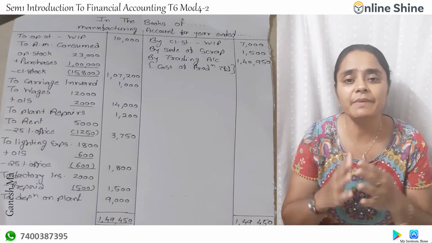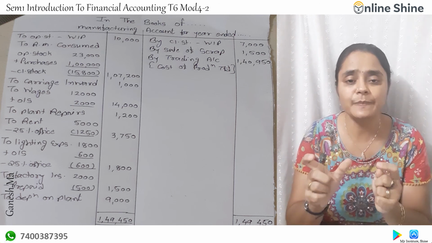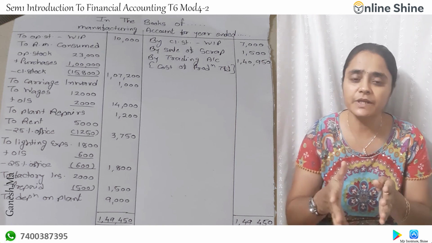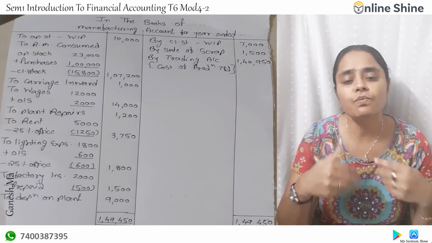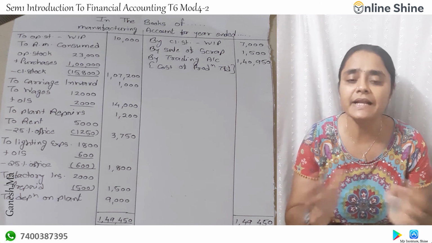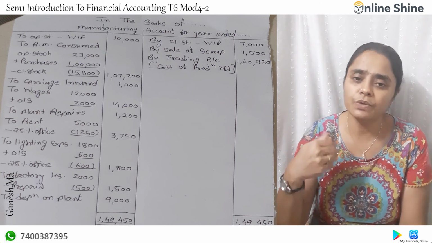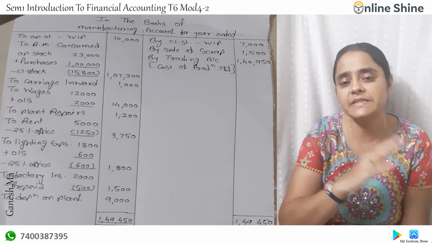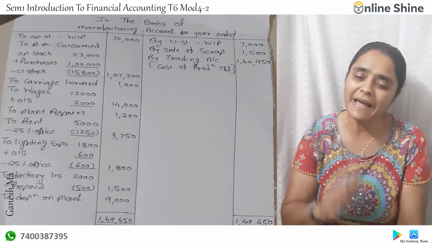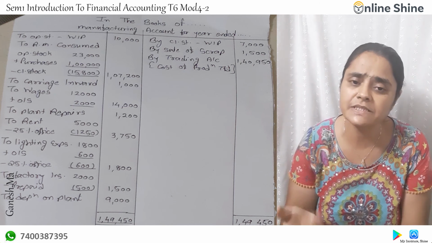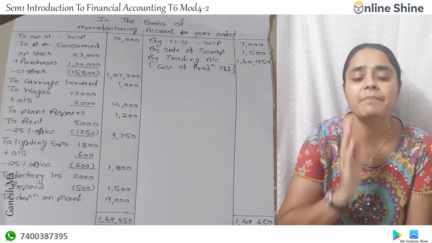So there is an apportionment. It is not like some kind of separate entry, but for the whole expenses, some part has been used for office purposes, some part has been used for my factory premises. So whatever the part has been used, accordingly I have divided those. 25% is used for office premises, so 25% of that respective expense has been charged to P&L account. The balance 75% is in use for my factory, related to my manufacturing expenses, so that will come in my manufacturing account.